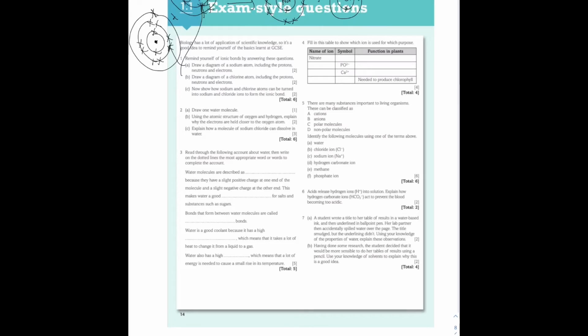Right, so therefore chlorine will gain that one electron because it is a non-metal, and so completing it going from 7 to 8.